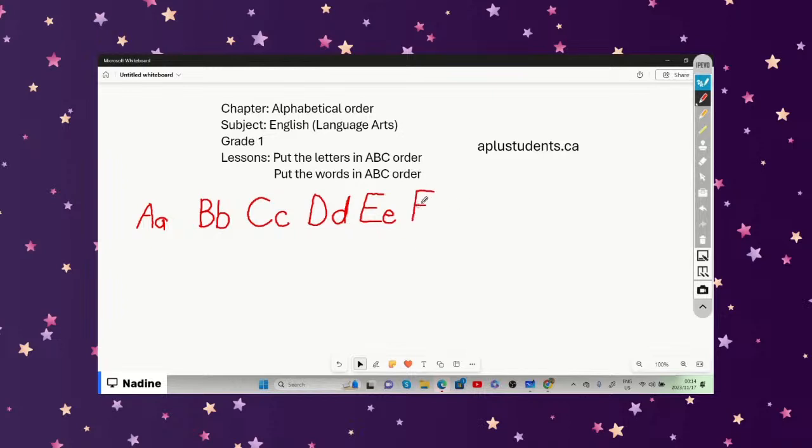F is almost like saying the start of fish.